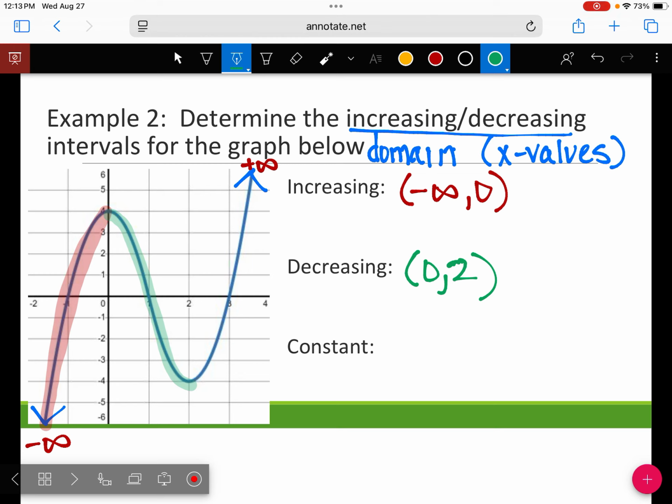And then starting at the 2, it increases and it stops at infinity. It never stops. So this graph had 2 increasing intervals, 1 decreasing interval, and no constant interval.